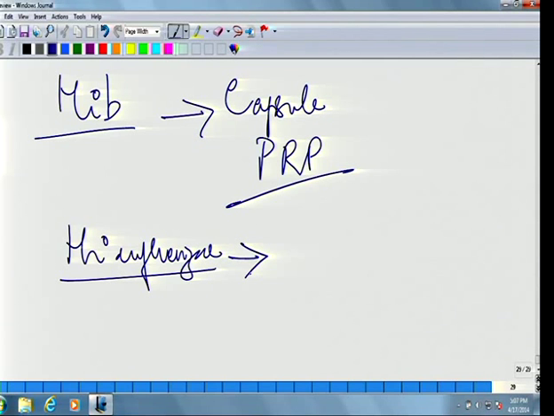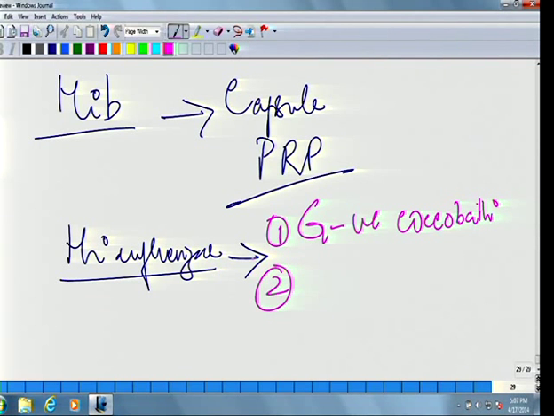What's the morphology of Hib? Pleomorphic, gram-negative coccobacilli. Okay. How do you grow Haemophilus influenzae? Yes, on chocolate agar. Why?